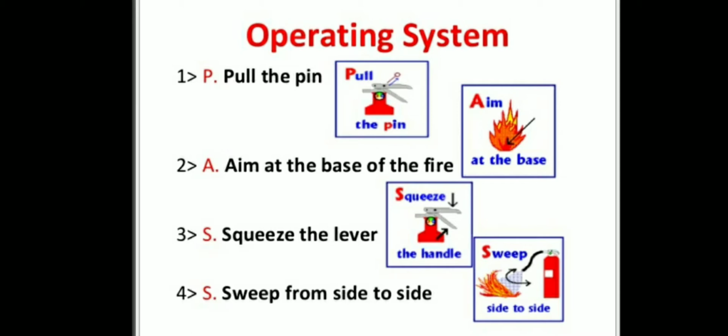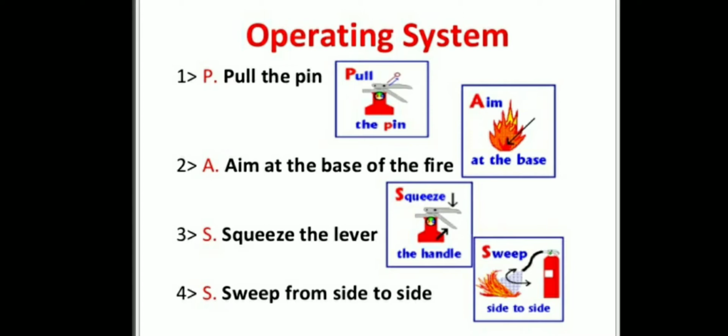Number 3, S means squeeze the lever. You can see in the number 3 box there, there is a kind of mouth, a fish mouth, like arrows from top and bottom. We have to press it. We have to squeeze it, like we squeeze an orange, we squeeze a lemon.